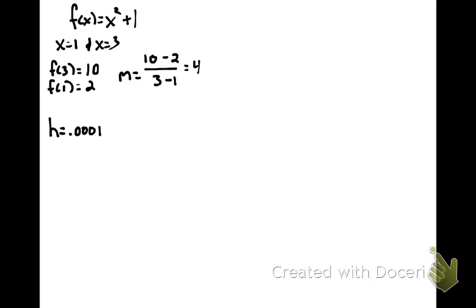So I'm going to consider what is f of 2.0001, minus f of 2 all over 0.0001.